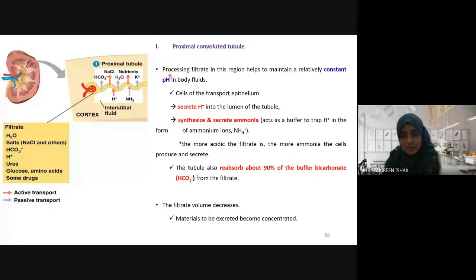Okay, so to prevent your blood from becoming acidic, okay, due to the presence of excess hydrogen ion in the blood, so the hydrogen ion needs to be secreted. Okay, need to be secreted into the lumen of the tubule to become part of the filtrate. Okay, so this is done through the movement of hydrogen ion through the transport epithelium, cells of the transport epithelium.